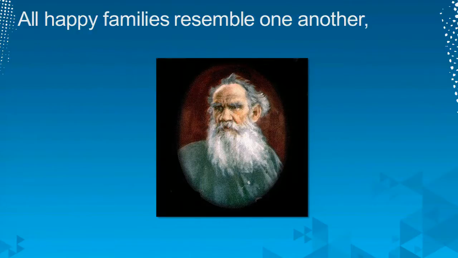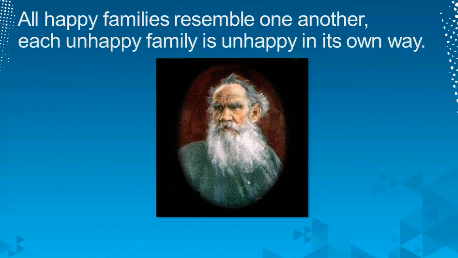I love this quote: all happy families resemble one another. In other words, if everything's going great, you don't hear anything about it. But it's the unhappy families that are unhappy in their own specific way. Leo Tolstoy said that, and it fits so well with software development teams. Teams that are cranking out their software, making their deadlines, meeting the requirements, fairly defect-free, you don't hear anything about them.